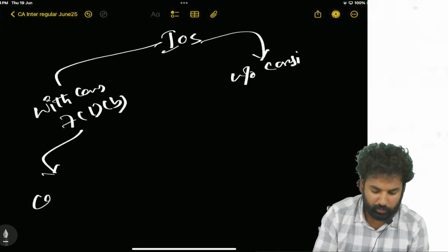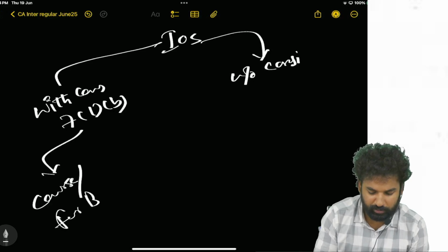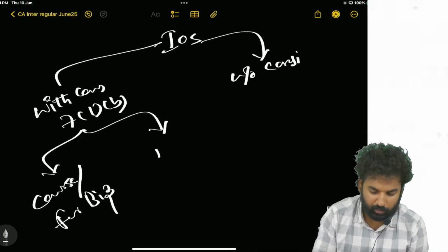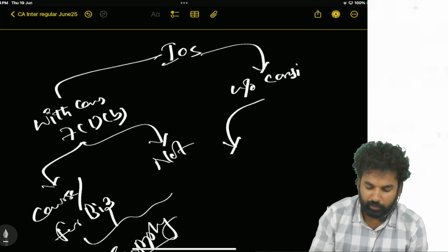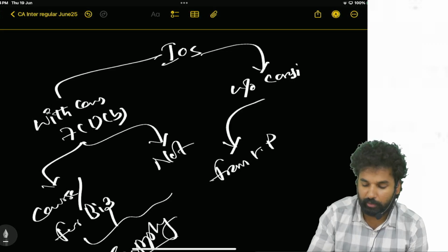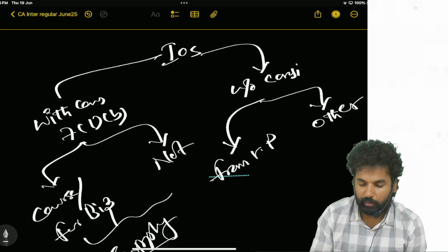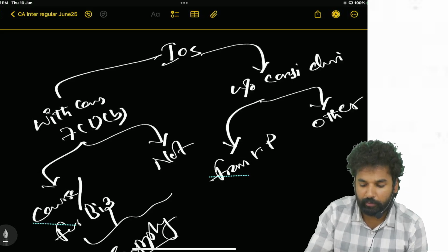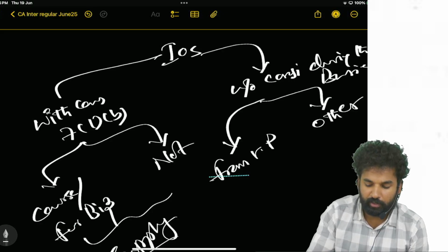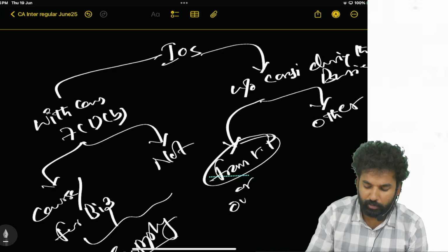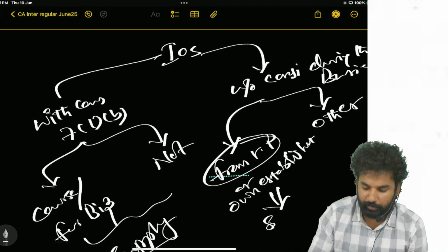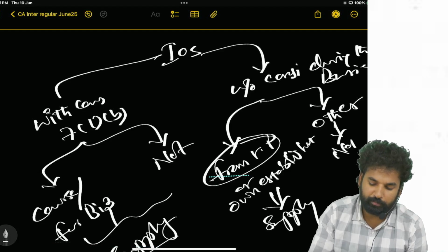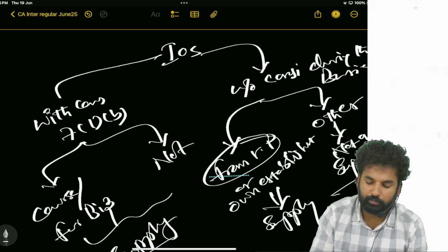During the course or furtherance of business or not, in both the cases it is supply, without consideration from related persons. Others: with consideration, during the course or furtherance of business, from related persons or own establishment, then supply. Others not a supply. Understand?